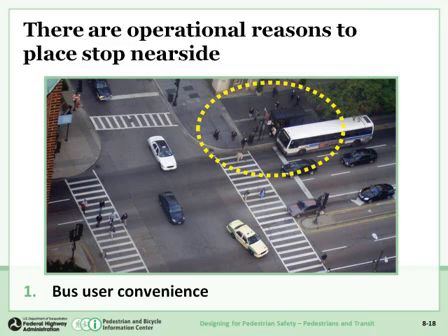As you can see in the picture right here, it shows an aerial view of an intersection, and the bus is waiting on the near side of the intersection. And that circled area is illustrating that the pedestrian traffic generator on that corner is a lot higher than that on the far side of the intersection. So placing the bus stop on the near side would be more logical in this case, because you result in fewer pedestrians crossing.